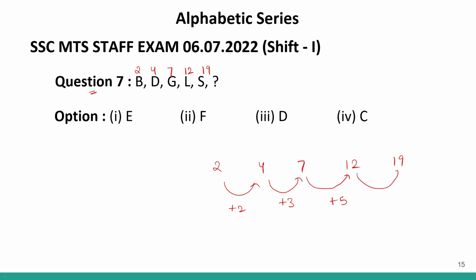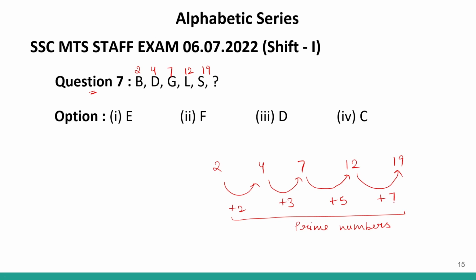And 12 to 19 is plus 7. So this is plus 2, plus 3, plus 5, plus 7. What is common in 2, 3, 5 and 7? These are all your prime numbers.